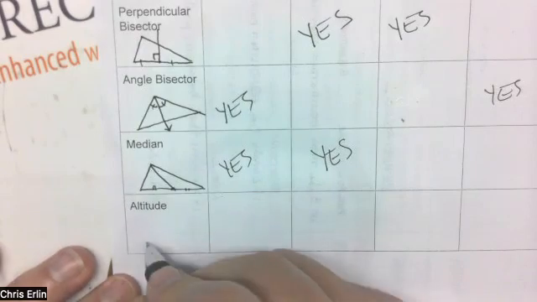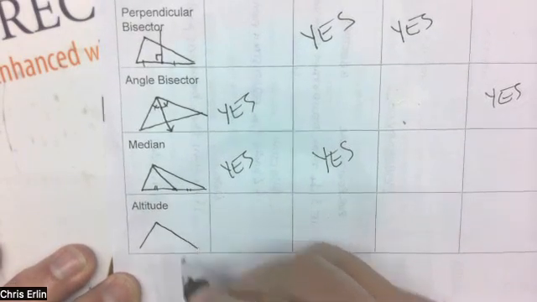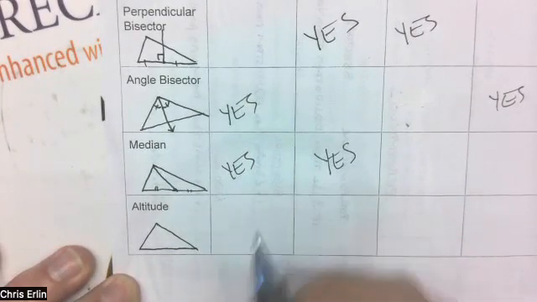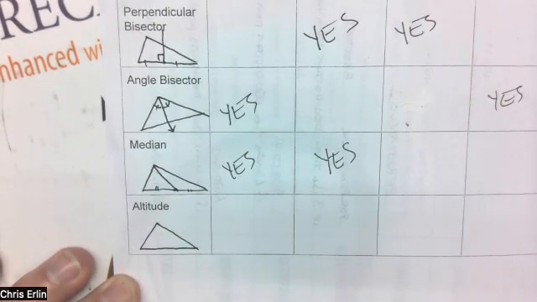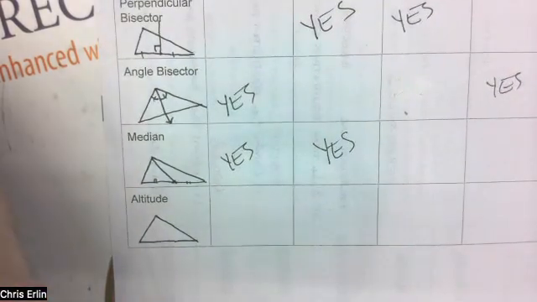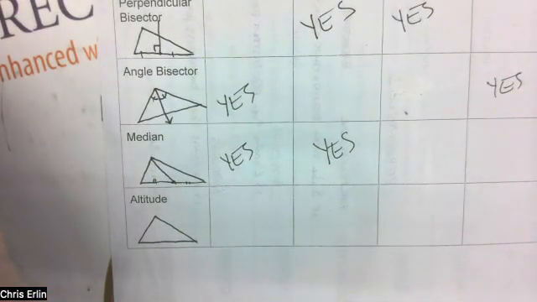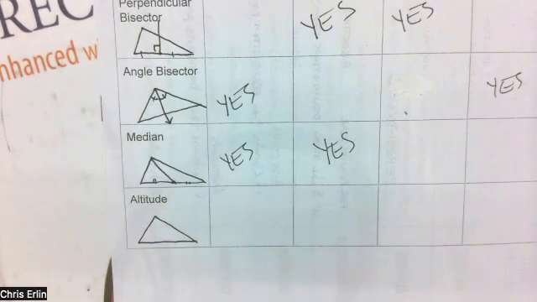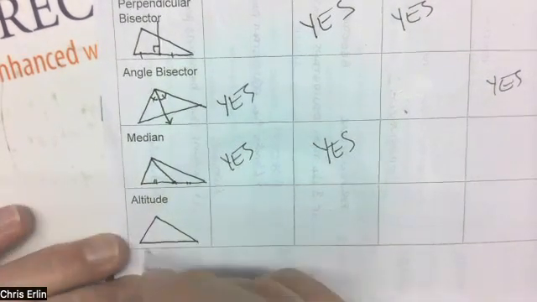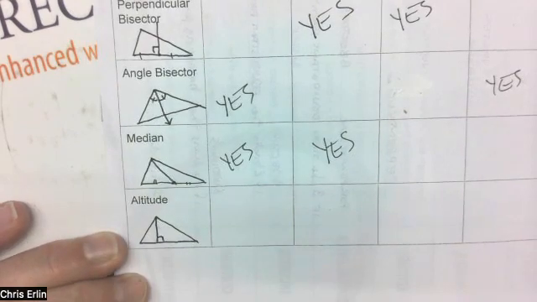All right, let's do the last one, altitude. Again, think about how you would draw that one. Altitude would go straight down and perpendicular, right?